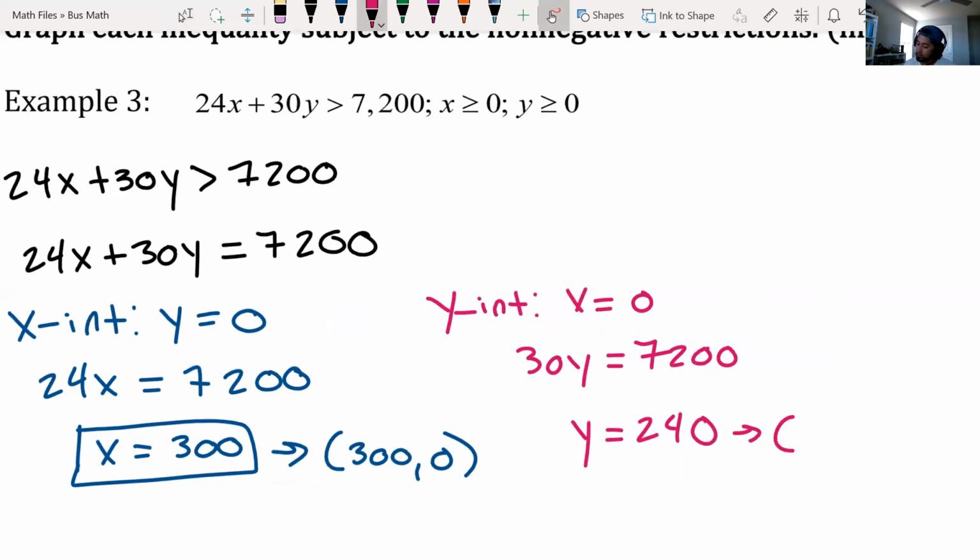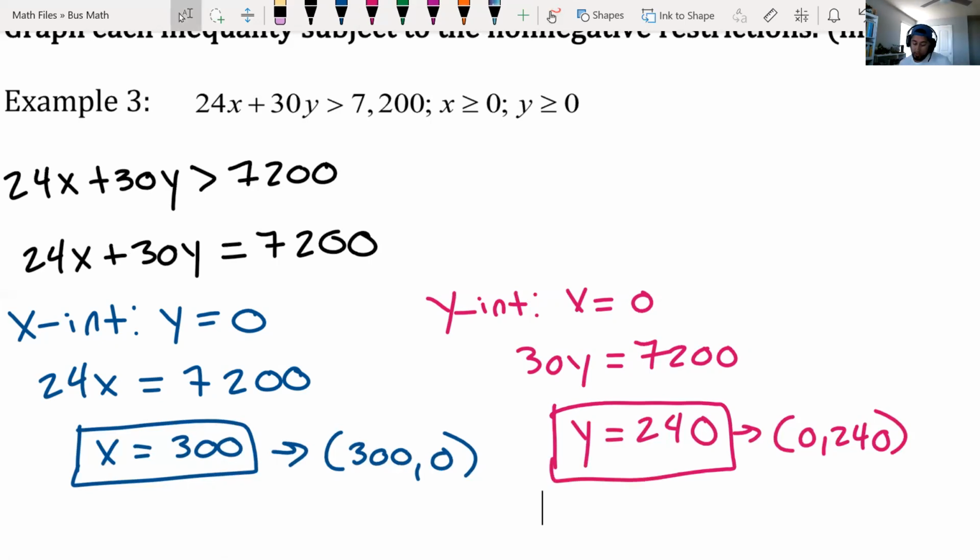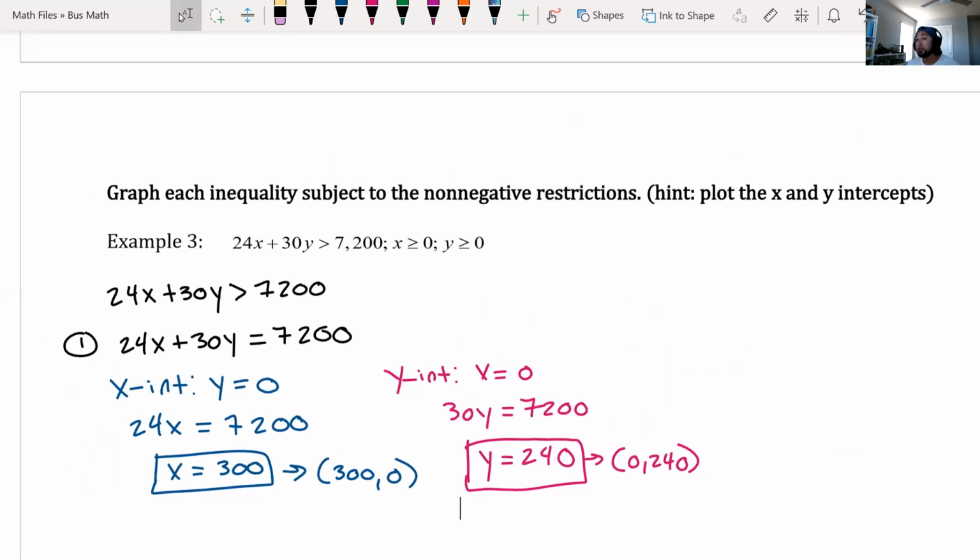Which gives me the y-intercept of 0, 240. Okay, we have the information we need from the first equation, and now we have to deal with the next two equations. Well, actually, before we move on, let's make a note that this line will be dashed. Okay, now we can move on to the other equations.